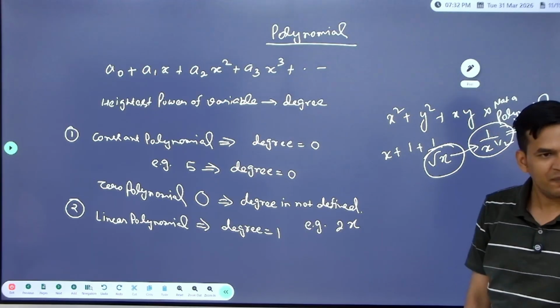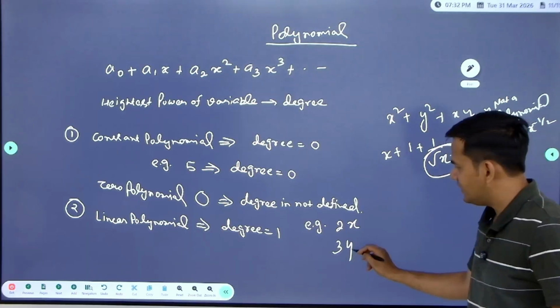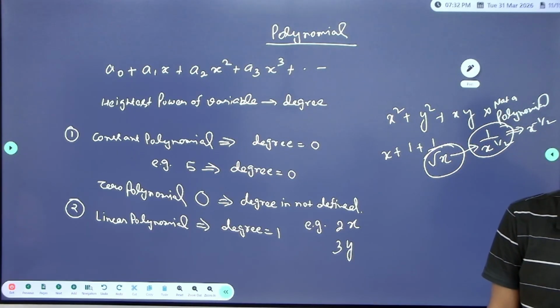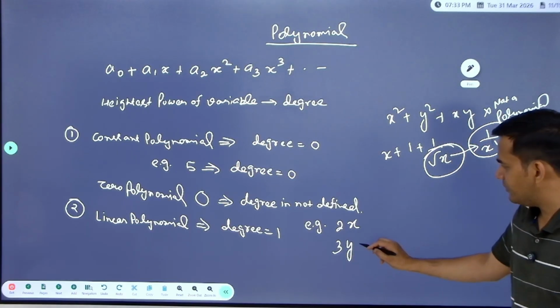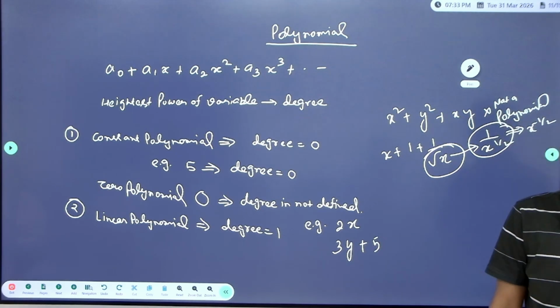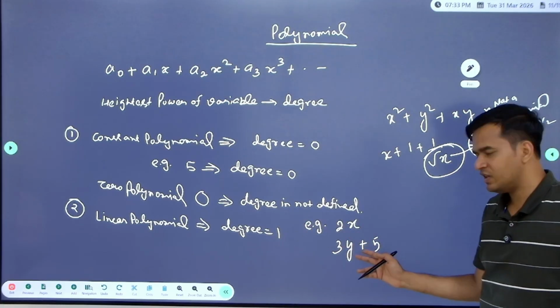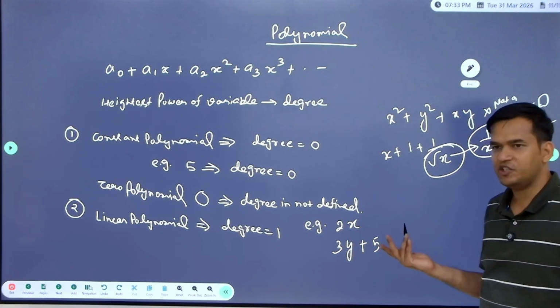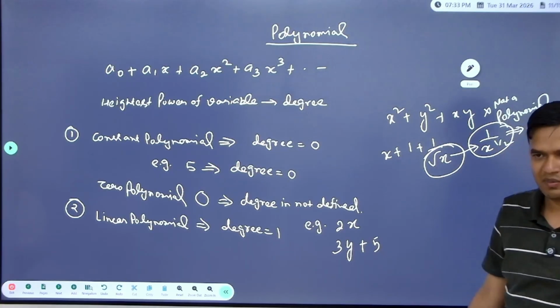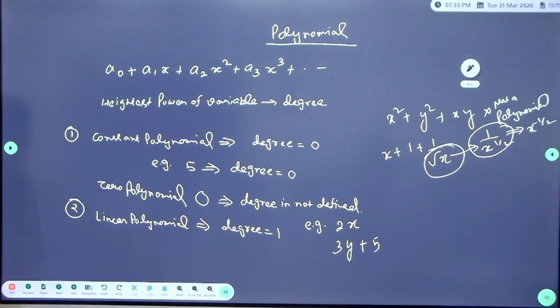Degree of this is 1. 3y. Is this a linear polynomial? Yes. 3y plus 5. This is also a linear polynomial. Degree is the maximum power. Maximum power is 1. Minimum can be 0. So a linear polynomial has degree 1.